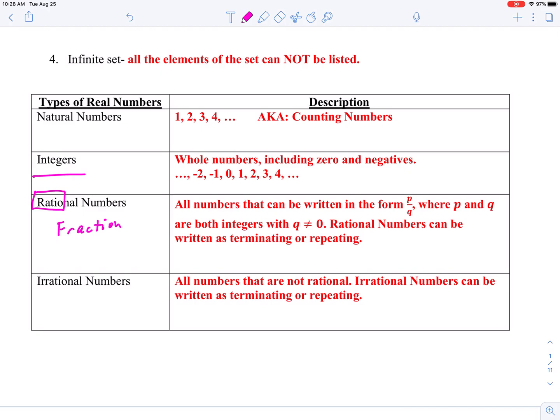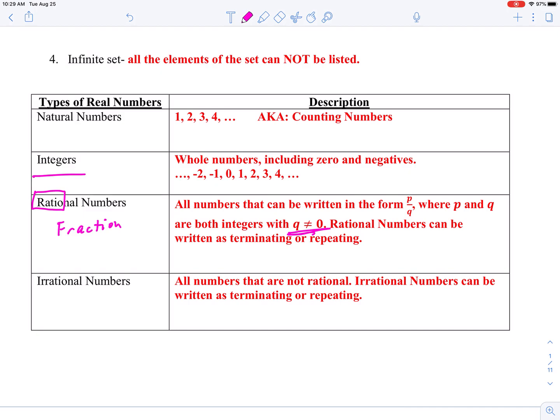So rational numbers are any number that can be written in the form P over Q, in other words, a fraction, where P and Q are both integers, so whole numbers, but Q cannot equal 0, right? Q cannot equal 0 because Q is in the denominator. And remember, the term we use if we have 0 in the denominator is undefined. In other words, it won't exist.